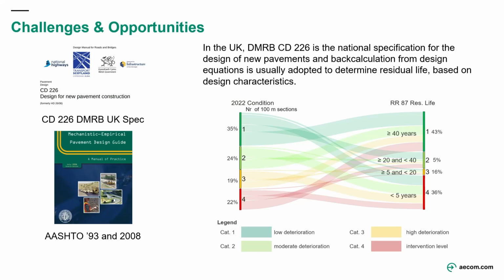And this is because of many reasons. Design assumptions were done years ago when perhaps we didn't have this progression of traffic. Climatic loads have changed over the years. There is a lot of complexities that design models cannot account for.